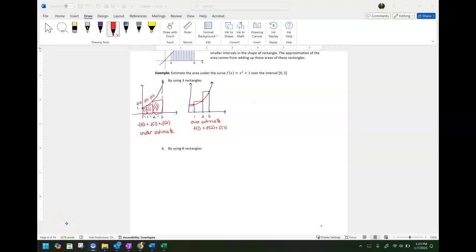Well, I'm not exactly happy with this. We have an underestimate, we have an overestimate. I want something a little more accurate. So let's partition the rectangles in a different way. So here we have the curve still, right? And we still go from 0 to 3.